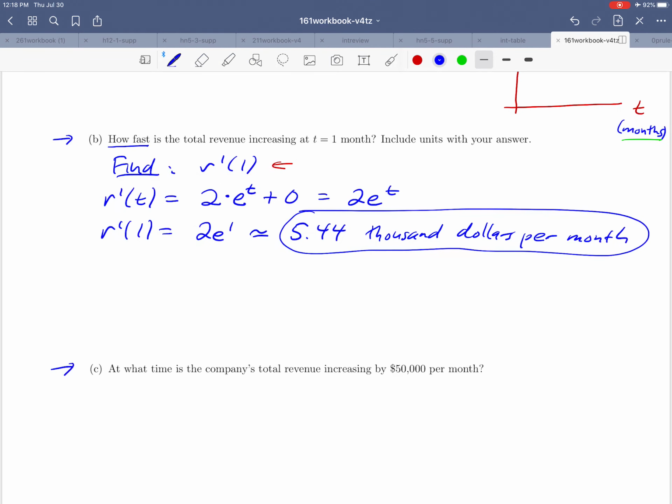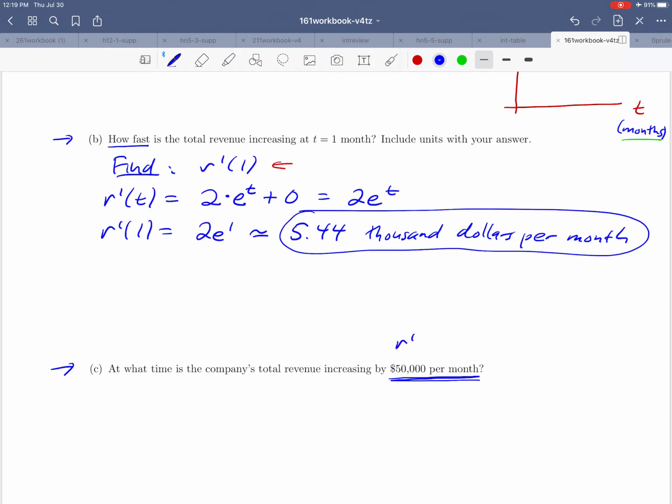Finally, let's see what part C is asking us here. At what time is the company's total revenue increasing by $50,000 per month? How do we answer a question like that? Start by asking yourself, what is the significance of this number that they're giving us? $50,000 per month is a rate of change.